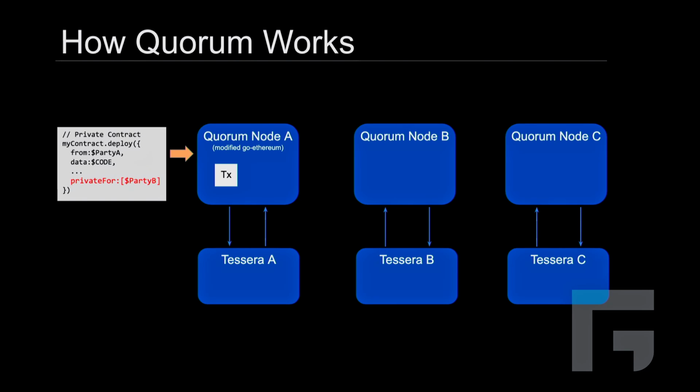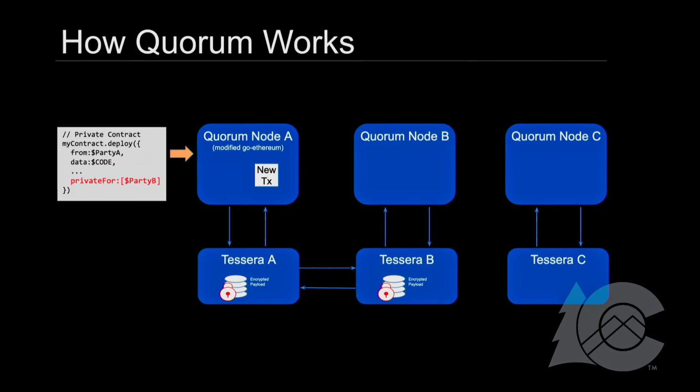So the Quorum node sends the transaction to the Tessera instance. It encrypts it using the public keys that you provided in the private for list and sends it to all the participants in the transaction. They receive it, decrypt it, and then acknowledge back to the first node that they have processed it.